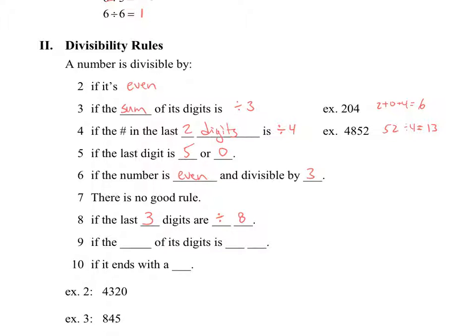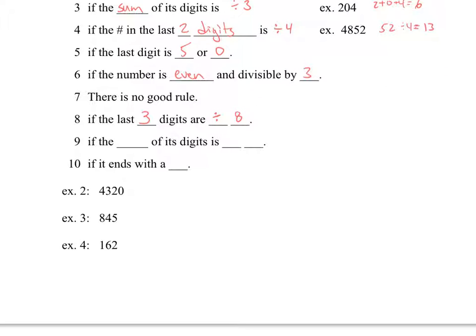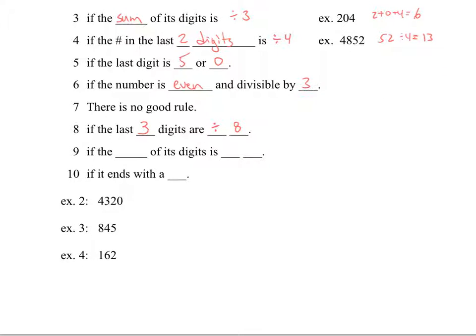So if the last 3 digits are divisible by 8, an example, off the top of my head, 856. Well, I can make a bigger number than that.